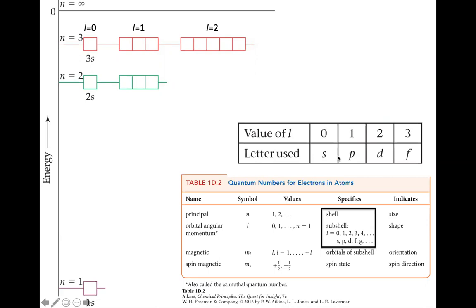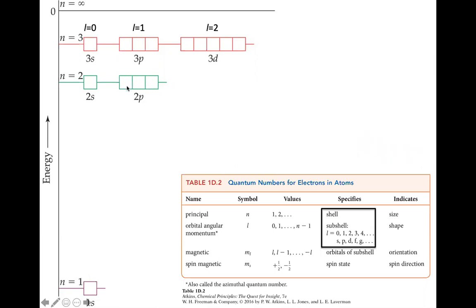By the time we get through that, we've covered all the orbitals we need for the periodic table. So within this first column, if this is L equals 0, we have a 1s orbital, a 2s orbital, and a 3s orbital. This would correspond to a 2p and a 3p, and then a 3d. Each of those designations, s, p, or d, goes along with what the L value is.